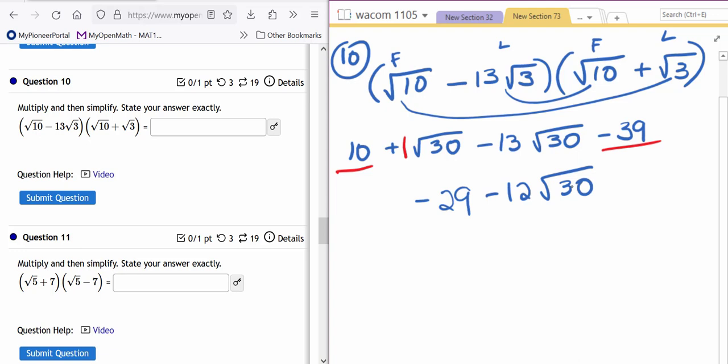And we need to make sure that we can't break 30 down. Because it's a little bigger, we have 10 times 3, and 10 gives us 2 and 5. We have all primes there, and we don't have any groups that match. So it is going to stay like that.